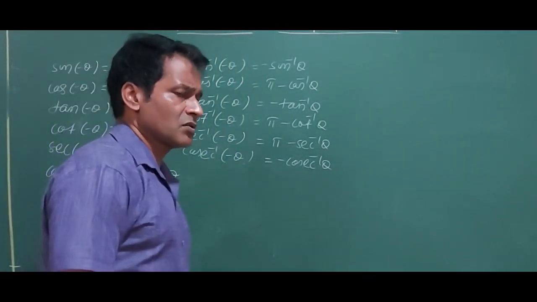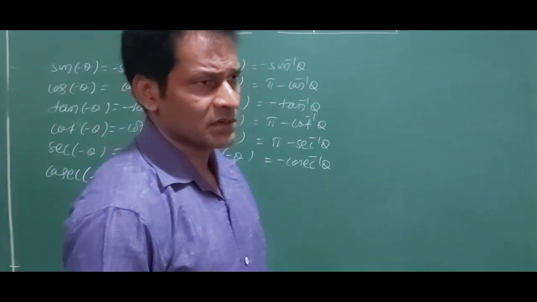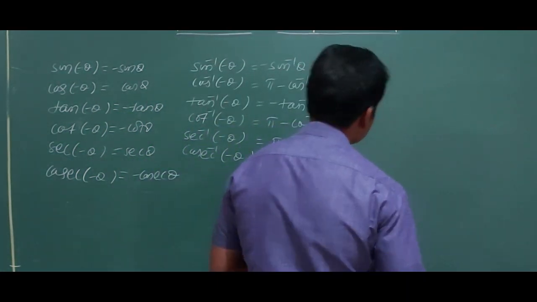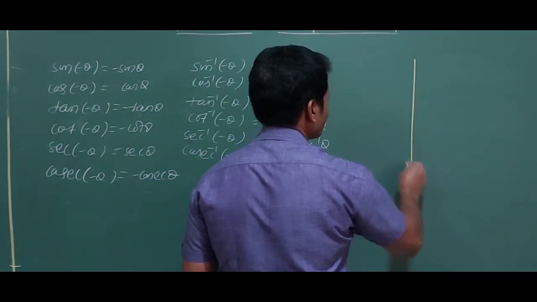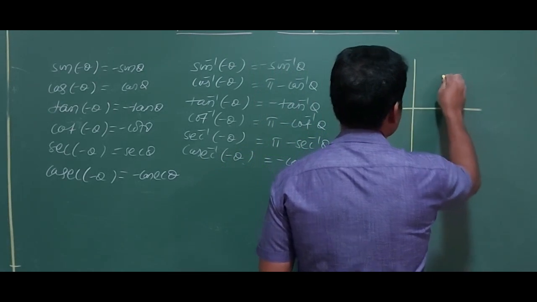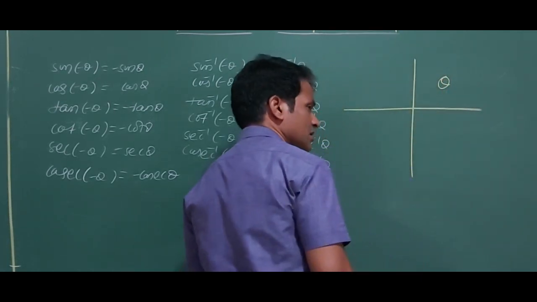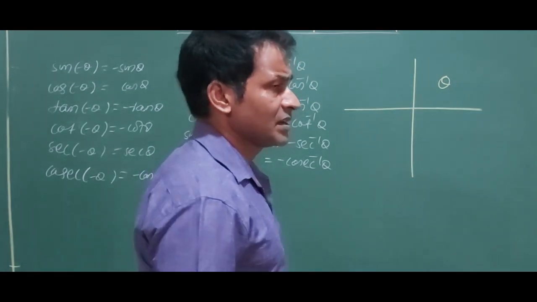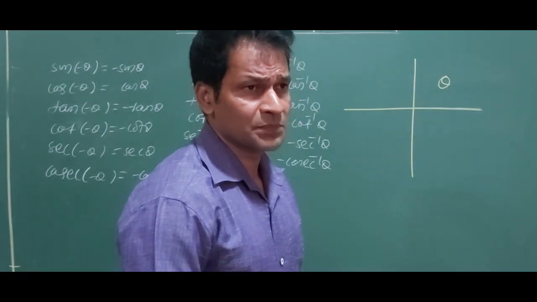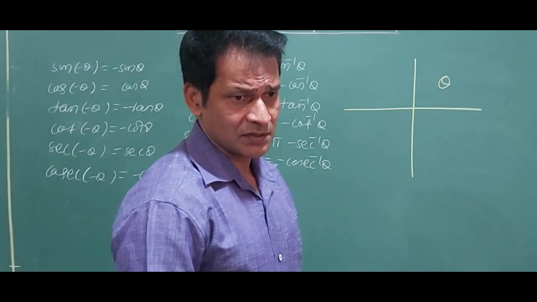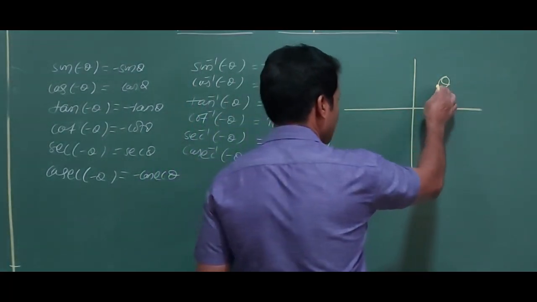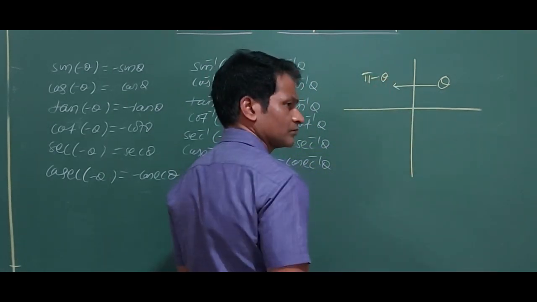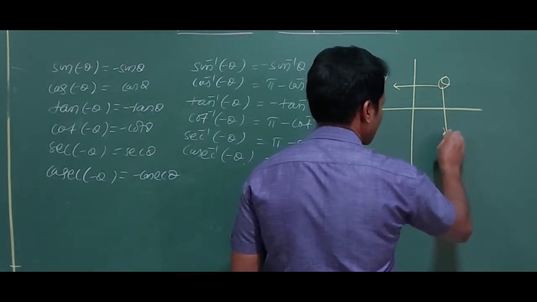Some of the books take even and odd functions, then they apply. No need. It's a very simple method I am giving you. If I am standing with a trigonometry value theta here, sin theta, cos theta, tan theta, and I ask for the corresponding value in the other quadrants, then its equivalent value in the second quadrant is pi minus theta, and its equivalent value in the other quadrant is minus theta.